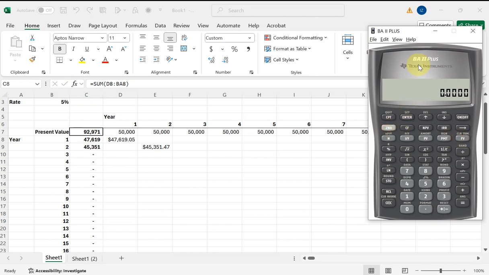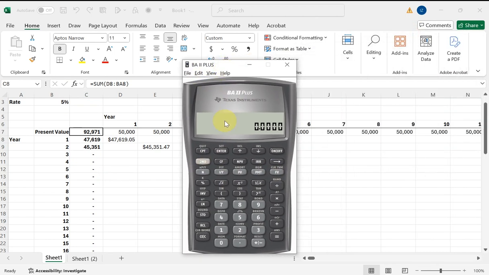Let's grab our financial calculator here. We have 1 year, discount rate of 5%, 0 payments, and we're looking for the present value. We have a future value of that first year of $50,000. So I'm going to compute the present value. We have 47,619.04.